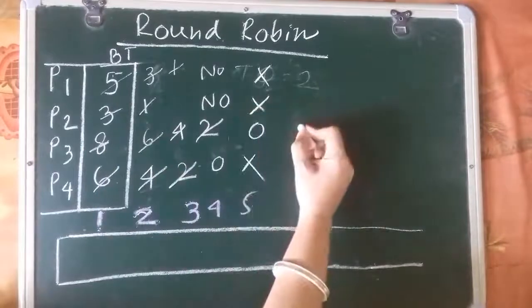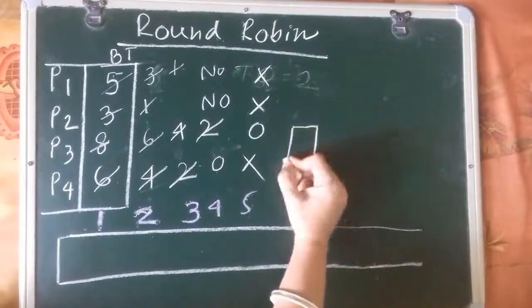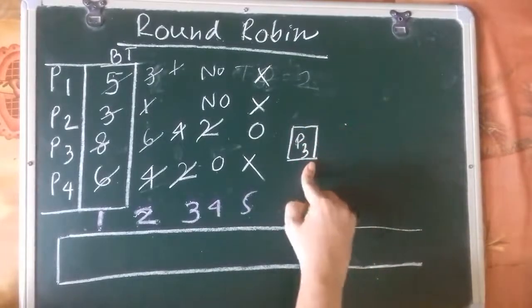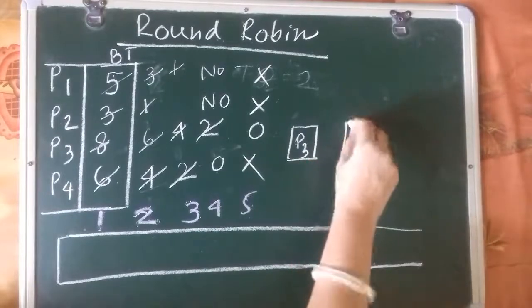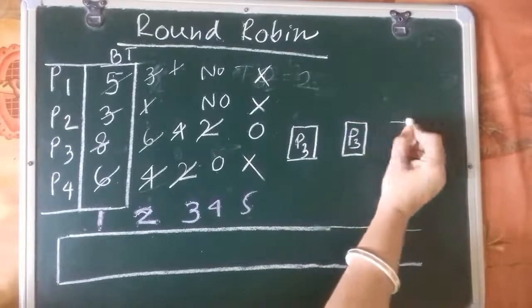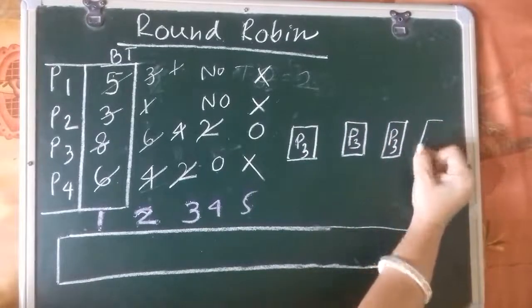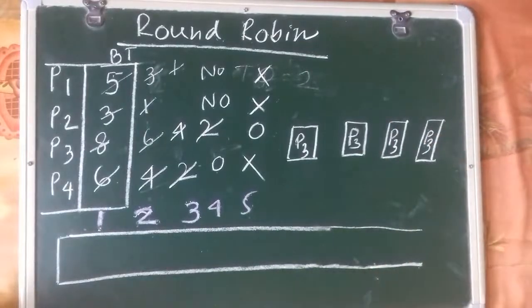For P3, which needs 8 units, it will be executed for 2 units, then P3's state will be saved. One context switch will happen. Again P3's state will be loaded and executed, again saved, executed, and again saved and executed.